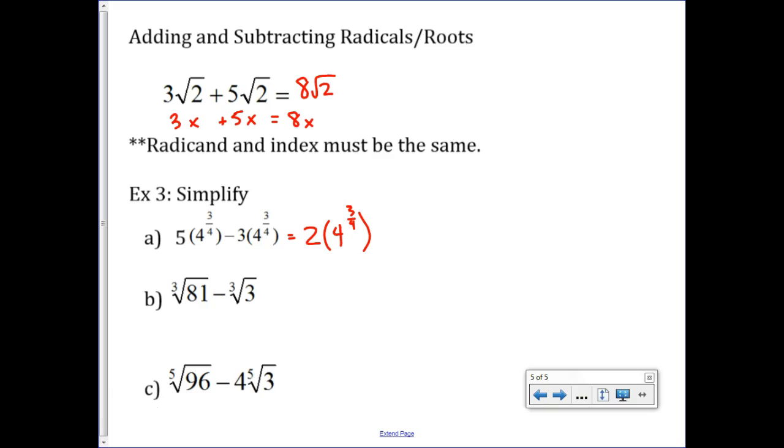So 4 to the 3rd is 64 if you wanted to do something with that to the 1/4 power.